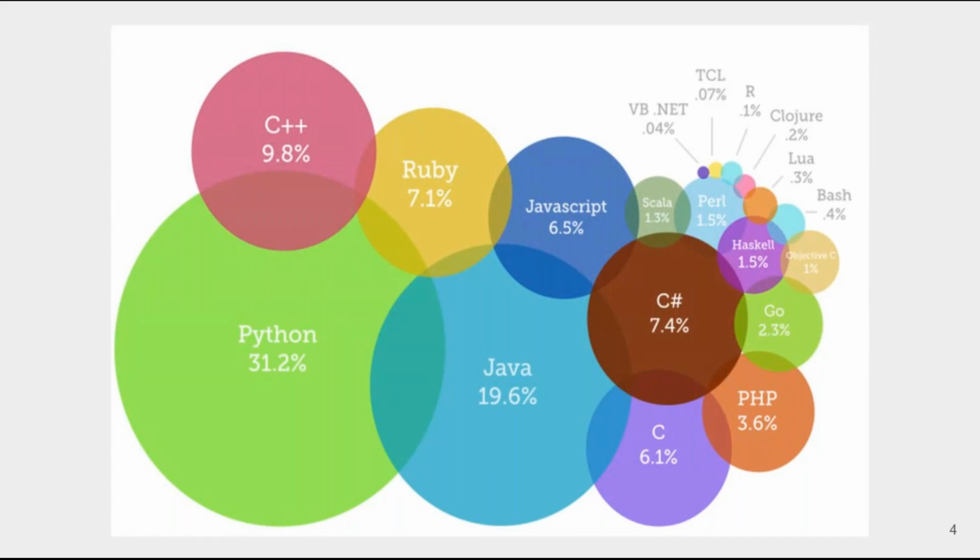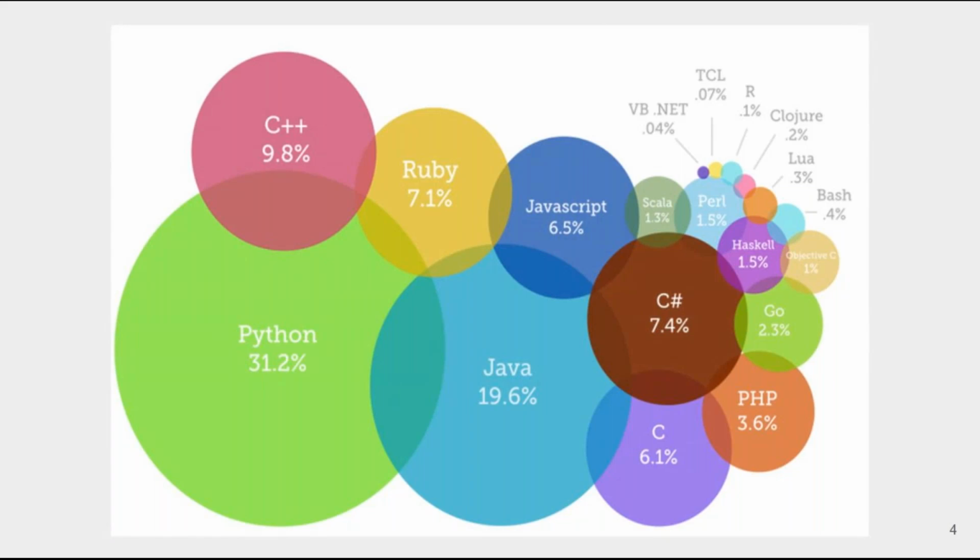So out of 100%, almost 31% of people use Python day to day. Then it's followed by Java with almost 19.6 percent, C++ with 9.8 percent, Ruby, and C Sharp with 7.4 percent. So these are all the programming languages used by various individuals, and the percentages.